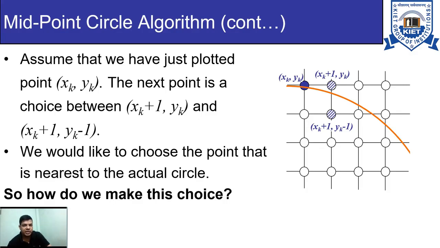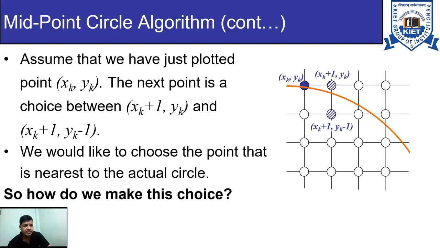That means we assume that the center of the circle is at the origin, and whenever the center is at the origin, you can think of this point as 0 comma r, where the value of xk is 0 and the value of yk is r, and r is the radius of the circle.